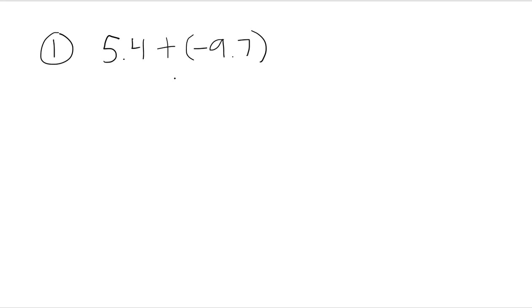So we have 5.4 plus a negative 9.7. This is number 1 on your worksheet. If we have 5.4 and we owe 9.7, we can see that when we combine these, we are still going to owe.